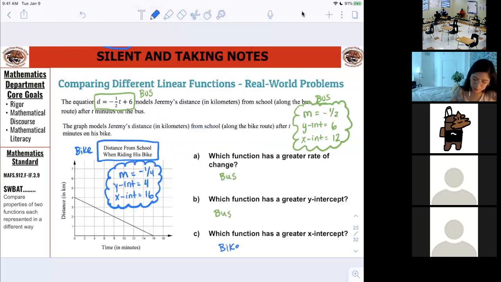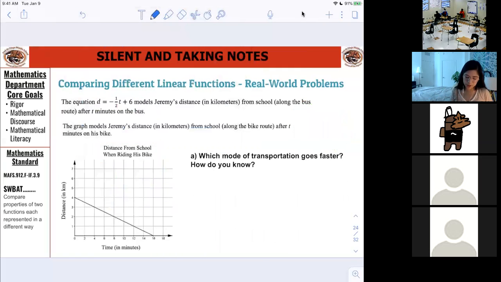That's great, but I have a real world scenario, right? All these numbers actually have a meaning and tell us information about Jeremy's travel to school. So let's ask some different questions now. I'm going to rewrite everything we had. For the bike, m was -1/4, b is 4, x-intercept is 16.